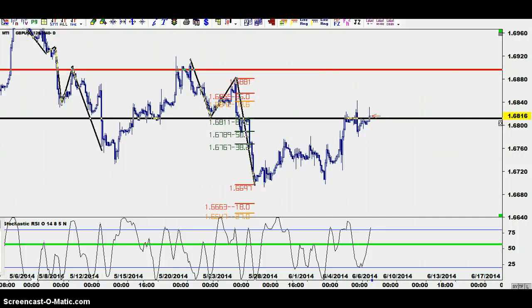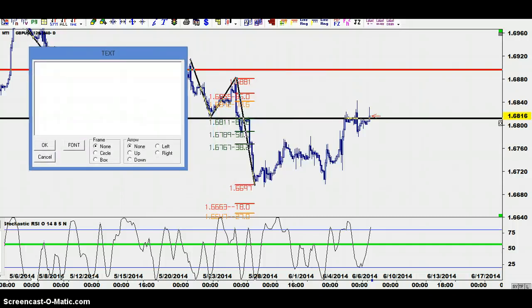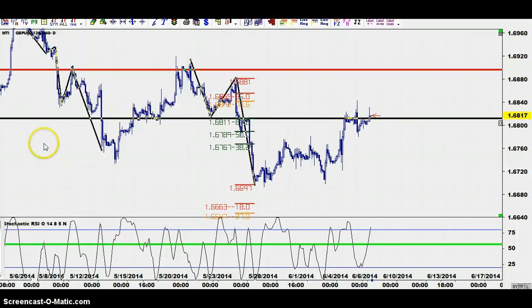Well, we could put in an entry at market, and our stop would be here at 15 pips above this 68.96. All right, that will be our stop right here.